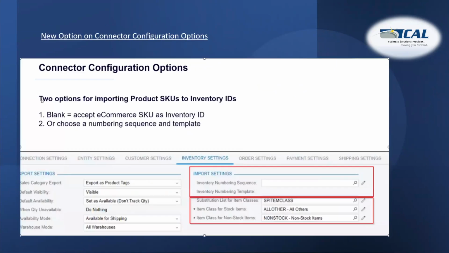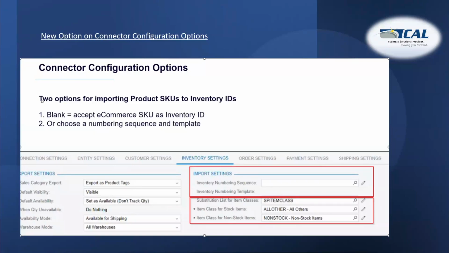Now, because they're allowing you to sync from these platforms or have bi-directional, they've added some additional options on your connector configurator. If you're importing items, let's say from BigCommerce, what does Acumatica do with the item number? There are some settings here where you can create a numbering scheme that would be used, if you want to have Acumatica control the numbering.